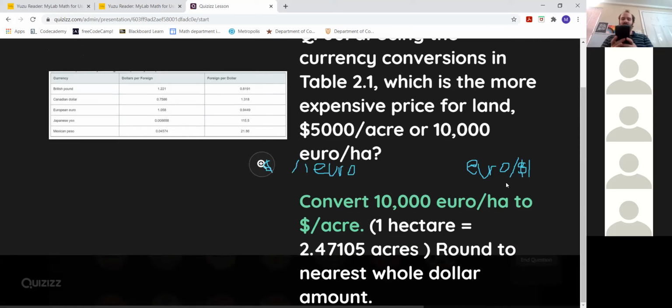I didn't round this to 2 decimal places. I rounded this to the nearest dollar just because it's a large enough number. And the units on it is dollars per acre.